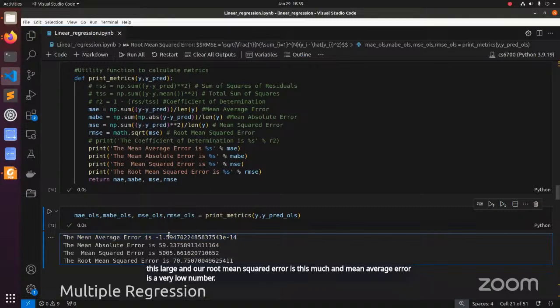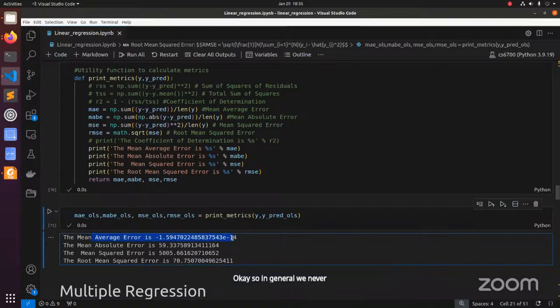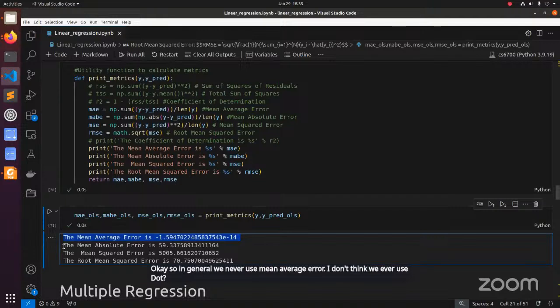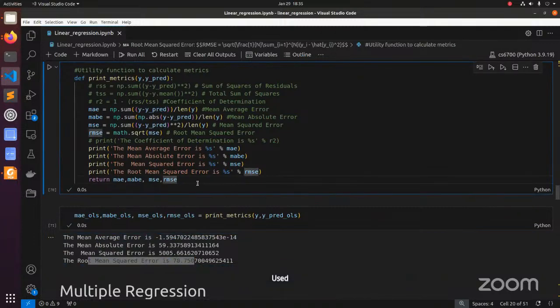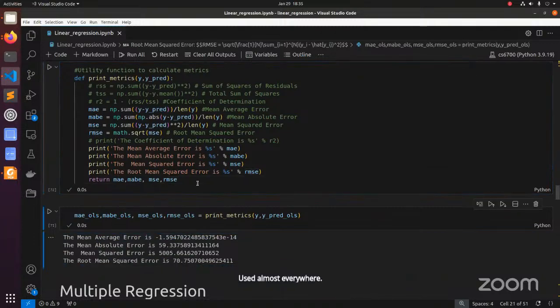So in general, we never use mean average error. Most of the time you will either see mean absolute error, mean squared error, or root mean squared error used almost everywhere. So yeah, this is what it is.